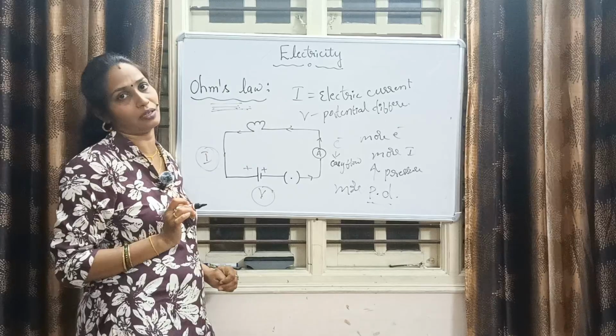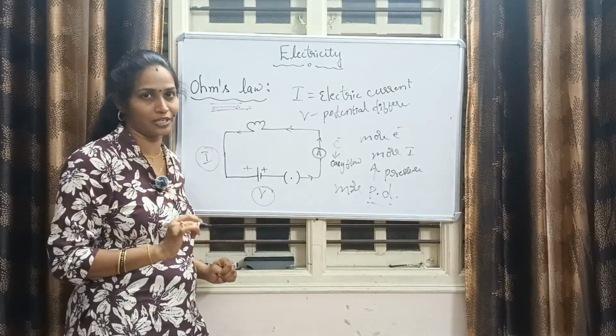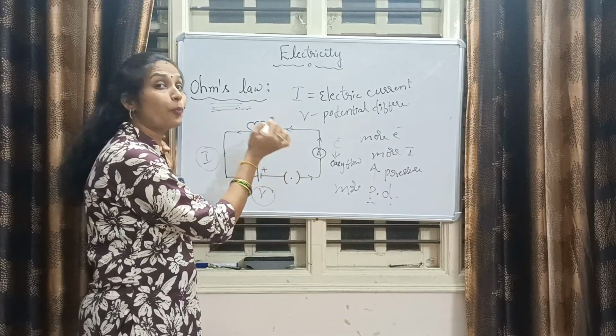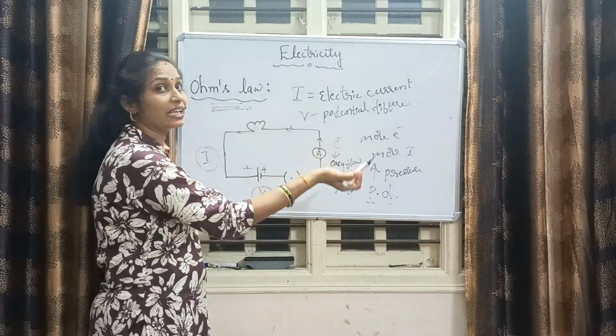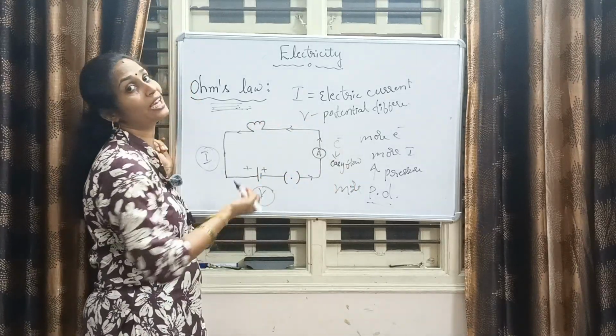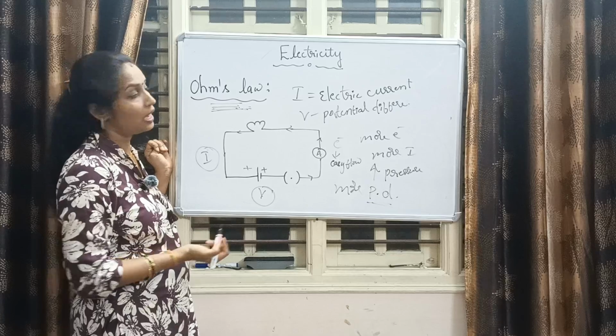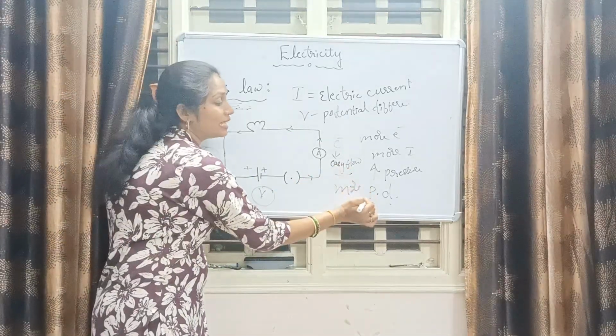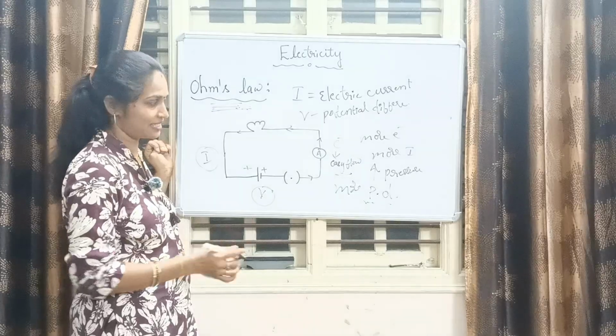That pressure is called potential difference. Am I right? Yes. When that potential difference increases, the flow of an electron will become very easy.